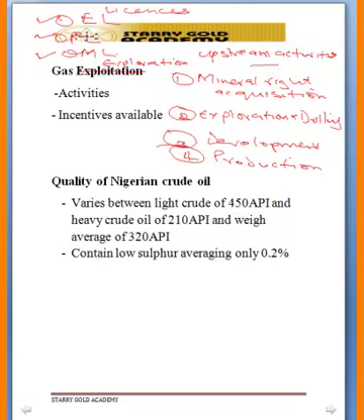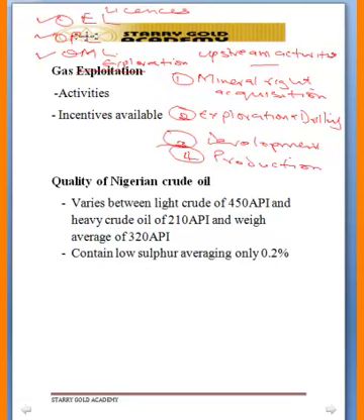For gas exploration, we are looking at separating the gas from the reservoir into usable form for utilization through pipeline or tanker. So we all know what gas is. The gas we use, the domestic gas, is a byproduct of petroleum crude oil.